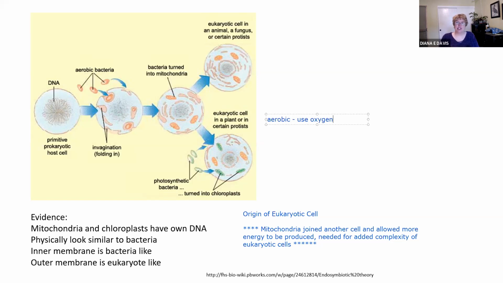Using oxygen to convert food materials, biological molecules, into cellular energy, you get a lot more energy than you do from anaerobic energy production. Anaerobic energy production gives you very, very little energy. So you've got some bacteria who can use oxygen to make a surplus of energy. And they form this symbiotic relationship.